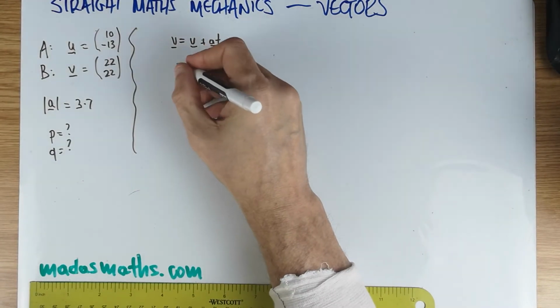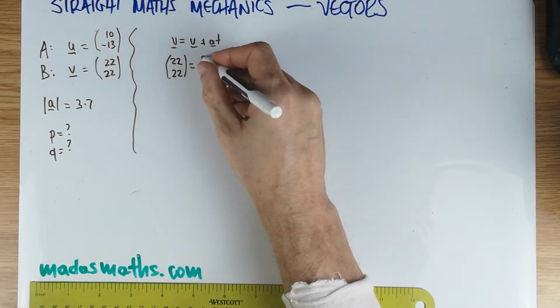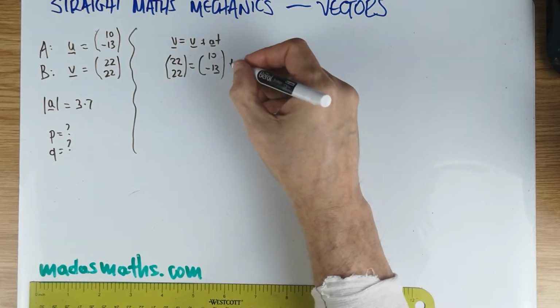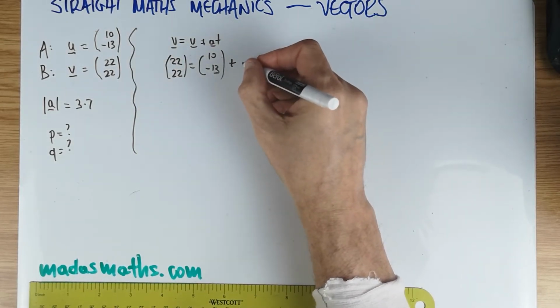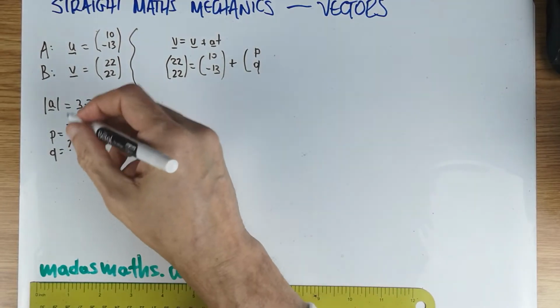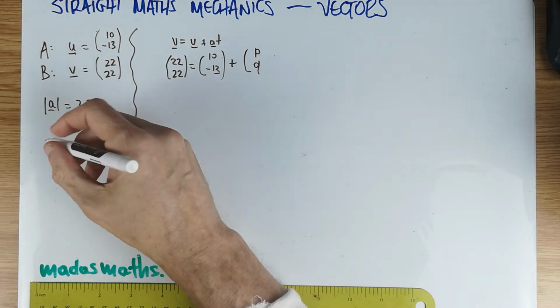So (22, 22) is equal to (10, -13). I'm going to write the acceleration as P and Q rather than writing it as A. In fact, I should have written it here, because the question does mention it.